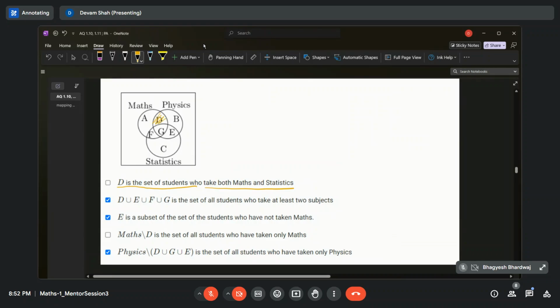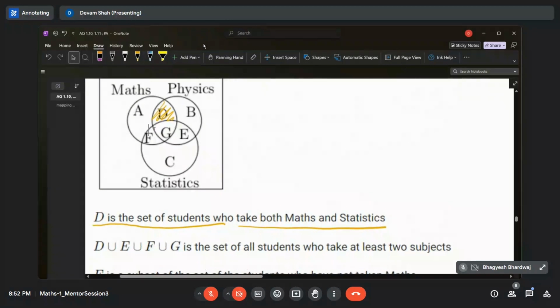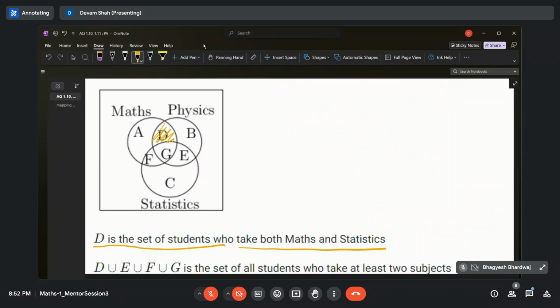D is here, right? So you can see that this region is for people who took math and physics, not statistics. So this is wrong.